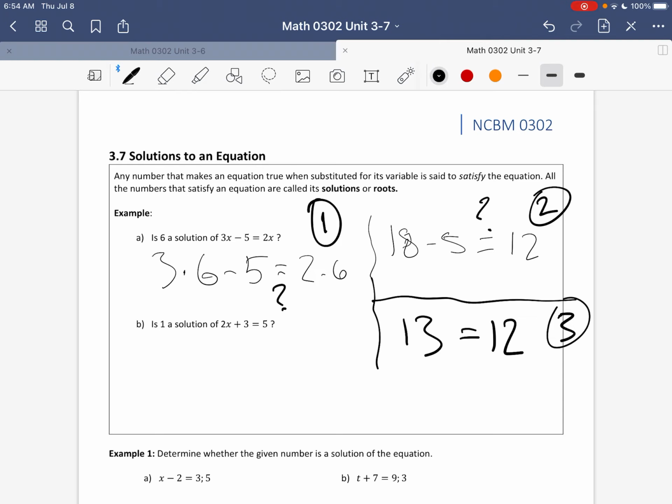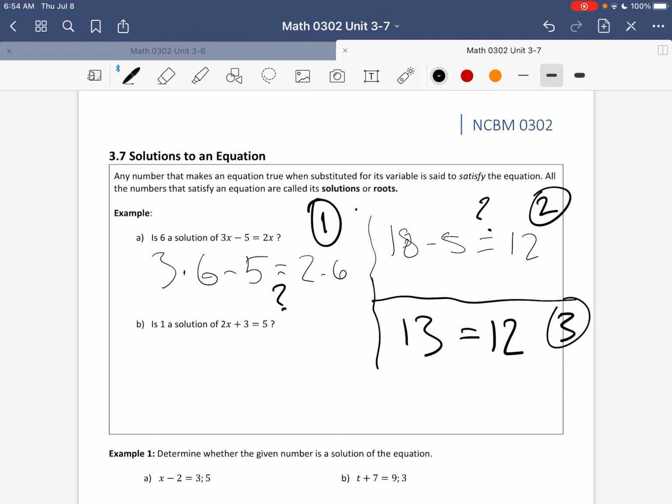Let me go ahead and verify each step. In step number 1, we substituted the 6 wherever we see the variable x. That turned the equation into 3 times 6 minus 5 equal to 2 times 6.